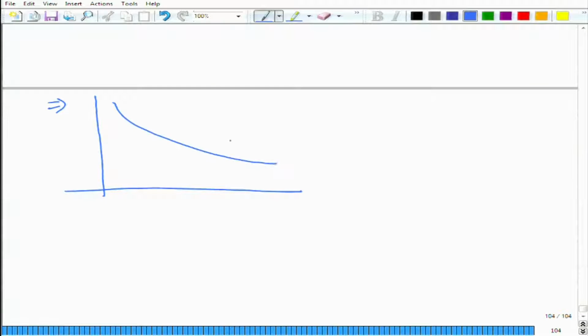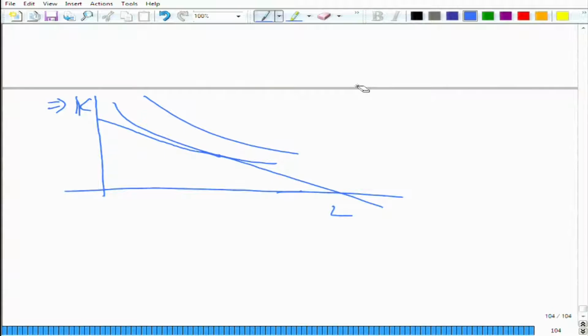What we have here is a Cobb-Douglas function. Fine. We are right now talking about, we have not decided whether it is the long run or the short run.